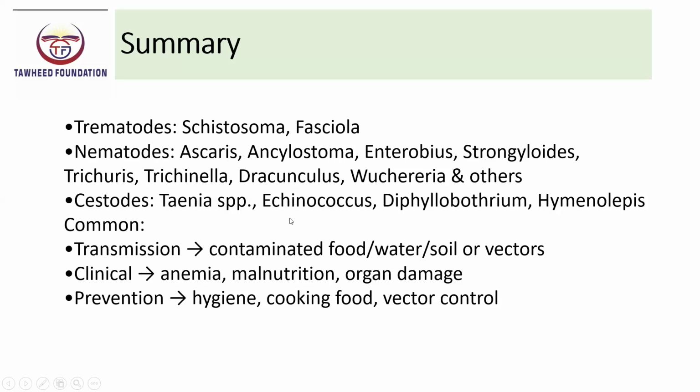Cestodes include Taenia species, Echinococcus, Diphyllobothrium, Hymenolepis. The common route of transmission is through contaminated food, water, soil, or vectors. Clinical features include anemia, malnutrition, and organ damage as well. For prevention, hygiene is the most important. Food should be well cooked. Raw meat contains all these helminths. Vector control.